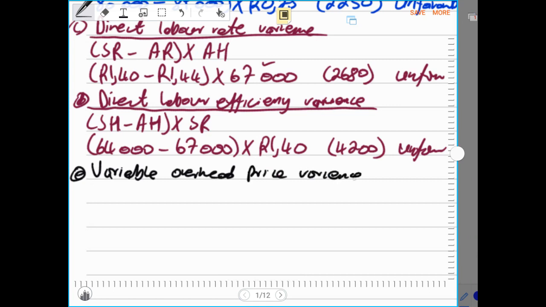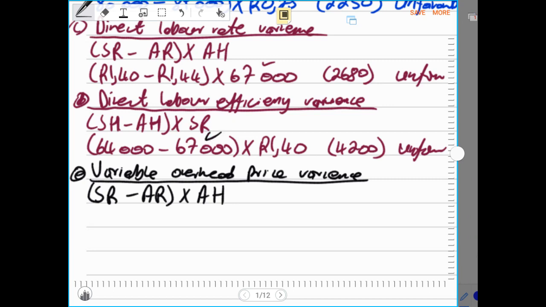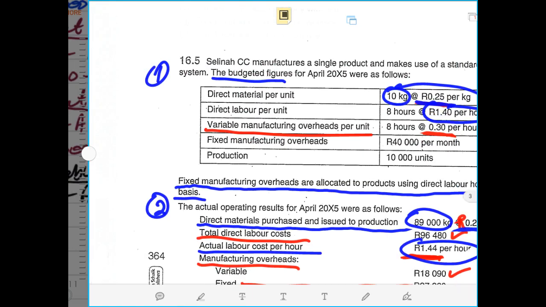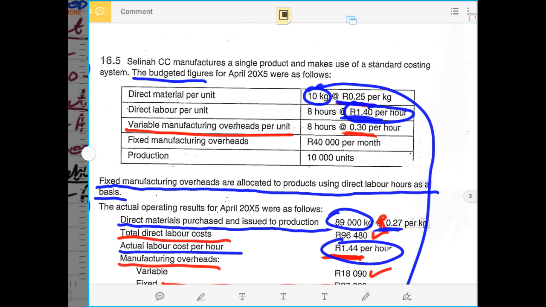That variance says standard rate minus actual rate, times actual hours. Our standard rate we have to go and look for, but we know that the actual hours don't change. They remain 67,000. The standard rate will be based on the standard or budgeted information.